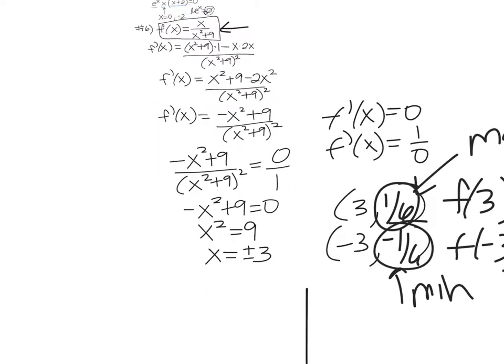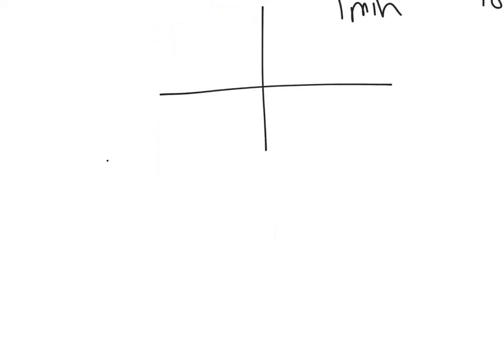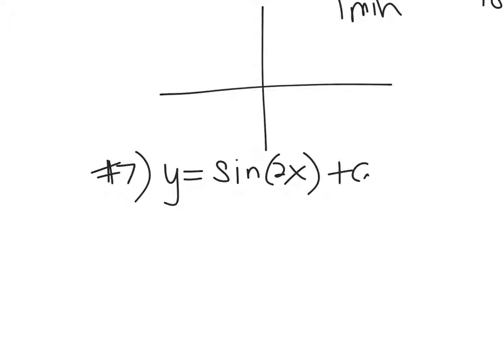All right, I've got one more of these, but we're going to do this one graphically. I'll show you how to do it graphically too. All right, so we have y equals the sine of 2x plus the cosine of x. And I believe on the quiz on this one, I give you an interval. On my paper, I don't have an interval, so let me see.